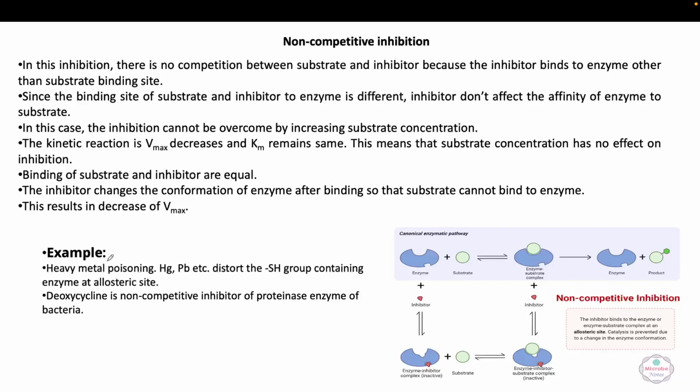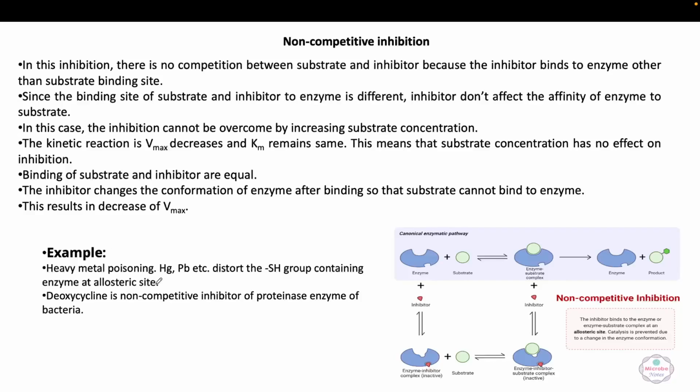These are the examples for the non-competitive inhibition, where doxycycline is a non-competitive inhibitor of the proteinase enzyme of bacteria. Doxycycline goes and binds to the allosteric site of the proteinase enzyme and hampers the conversion of substrate to product. Like that, heavy metal poisoning.